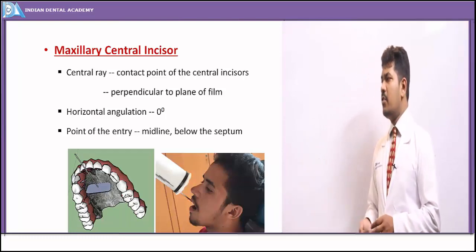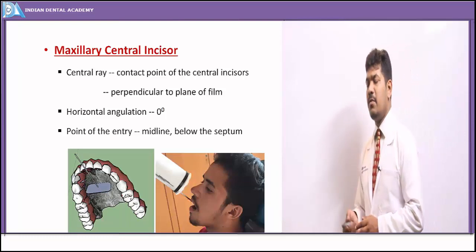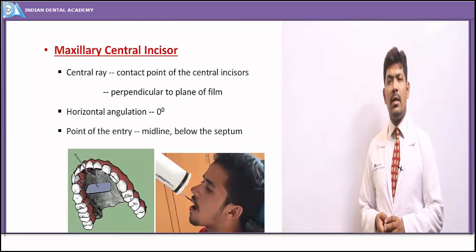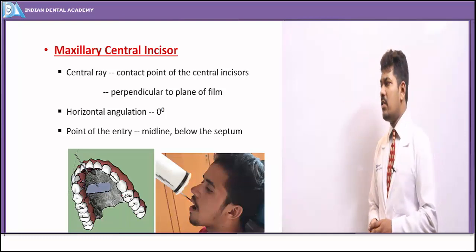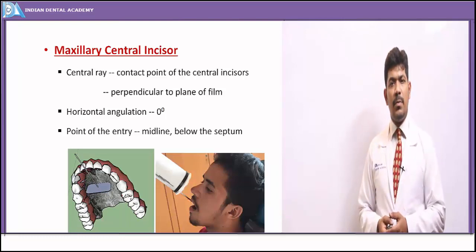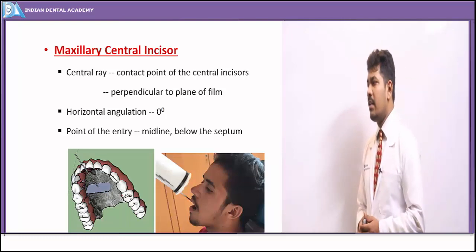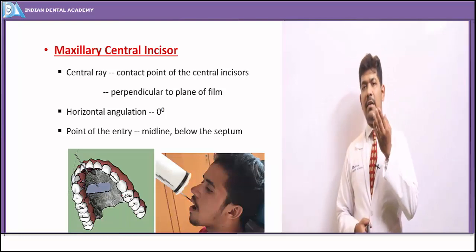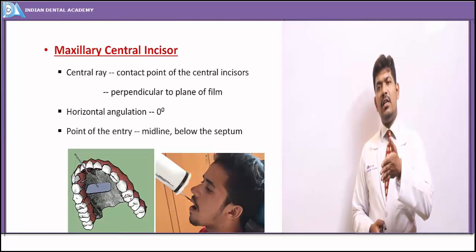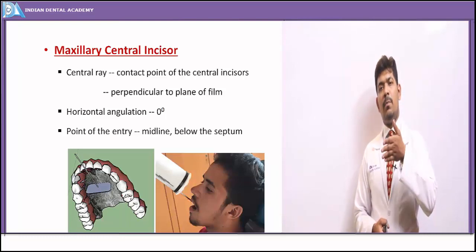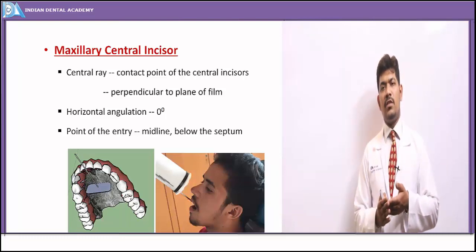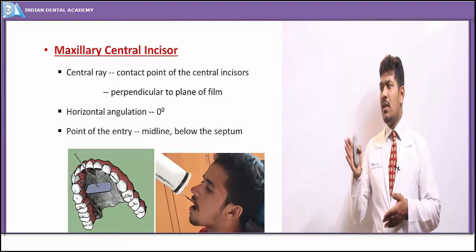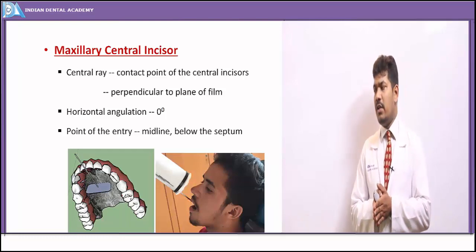If you see the patient positioning over here, the central ray passes through the contact point of both the central incisors, and of course it has to be perpendicular to the plane of the film, and again the horizontal angulation has to be 0 degrees. That is to say, if the central X-ray beam has to go perpendicular to the tangent which passes through the buccal surfaces, the horizontal angulation has to be 0 degrees.